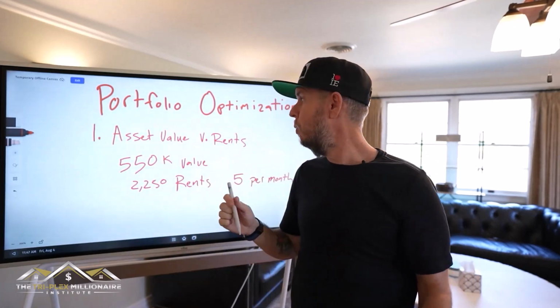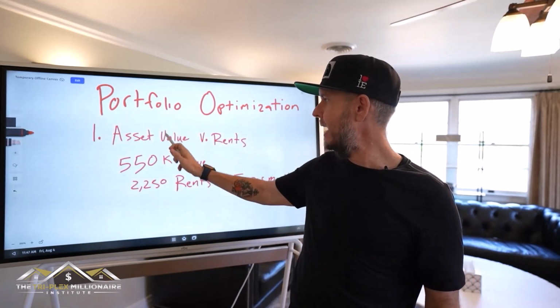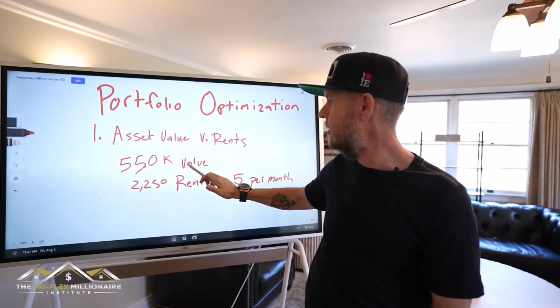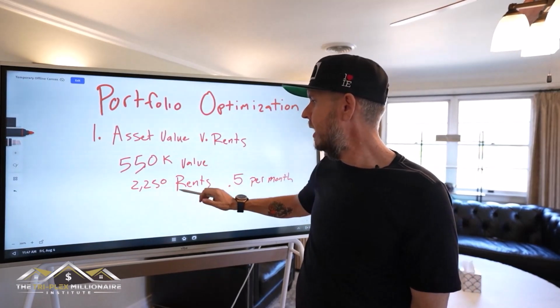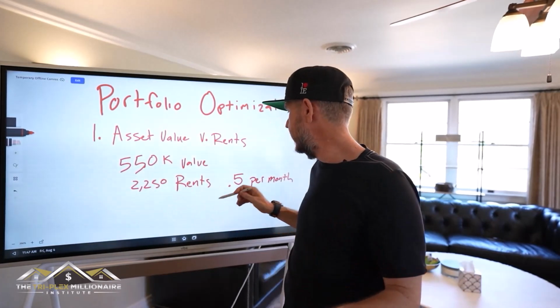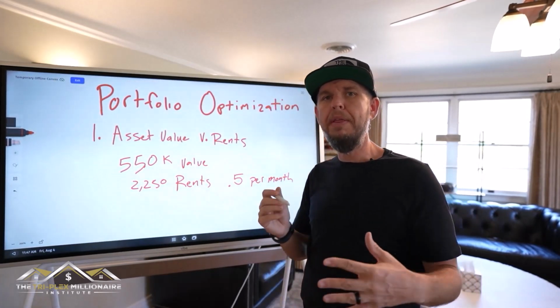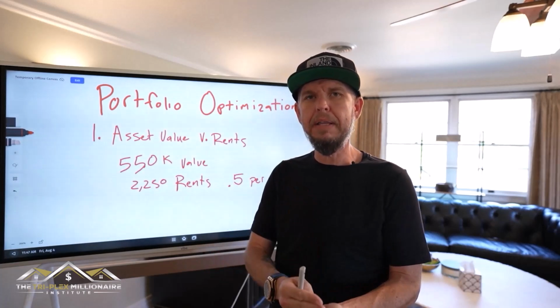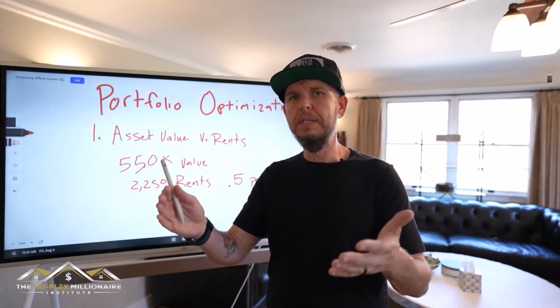What we're looking at first is our asset value versus rents. If I have a $550,000 property in value and I'm getting $2,250 a month in rents, that's a 0.5 per month multiplier, right? So I'm getting 0.5% per month in rents versus my value.